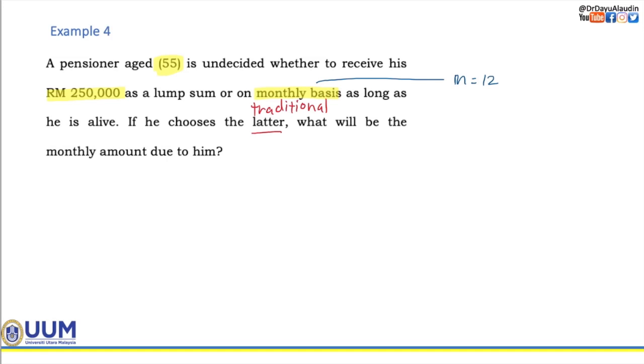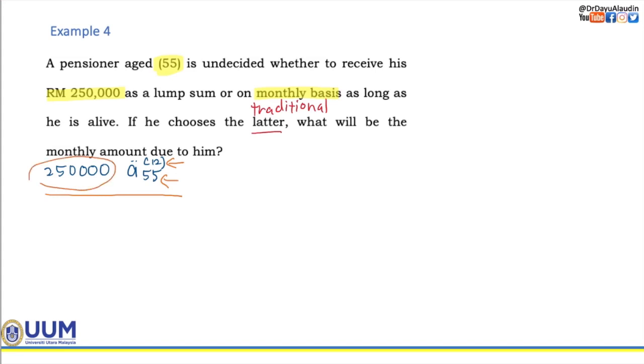So for the traditional method, what will be the monthly amount due to him? So we use the traditional approach, and we have to find this annuity. m is equal to 12, x is equal to 55, and this is the amount.